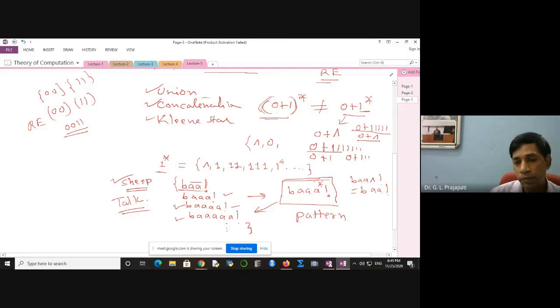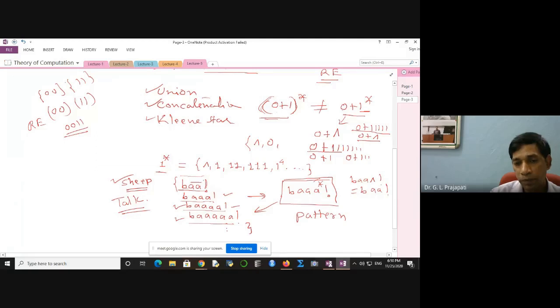You don't know whether the text contains this word or this or this, because we believe that some sheep can talk like this, short, then long durations. So for modeling all such patterns, how can you represent all of them in one formula?